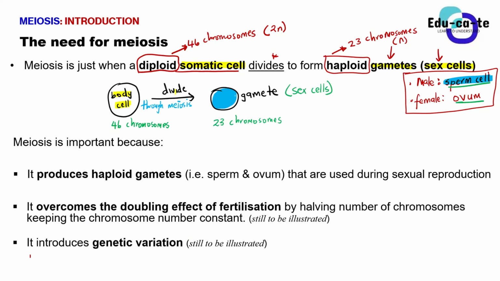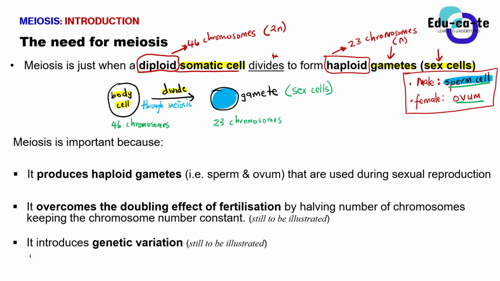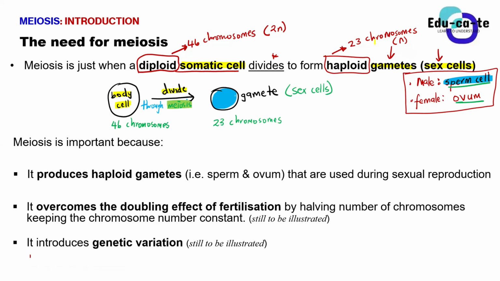The name of the cell division is known as meiosis. And then it produces a haploid gamete. Use the term haploid. Haploid simply means that this has got 23 chromosomes. So that's the haploid number of gametes. Are you guys all able to see that?